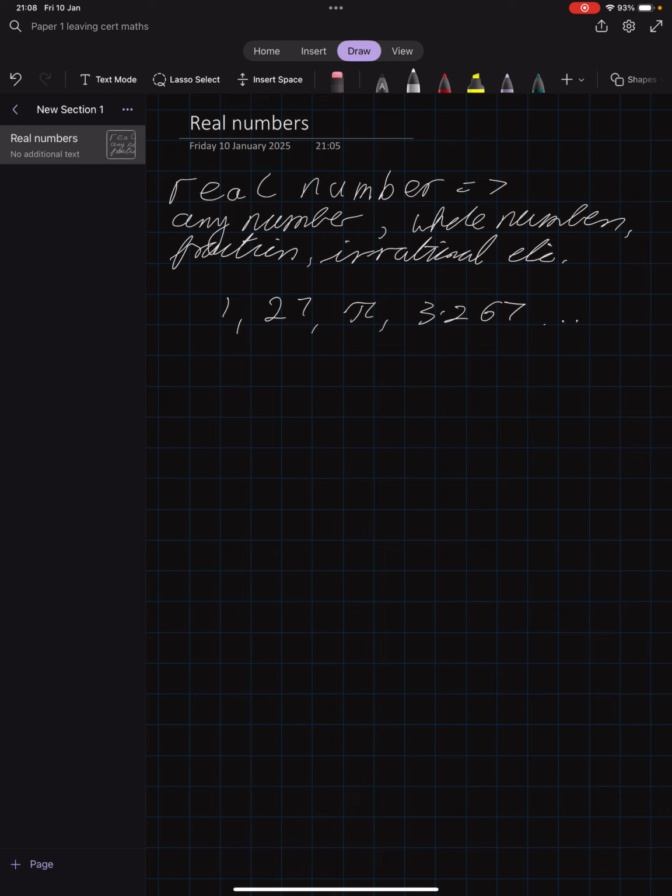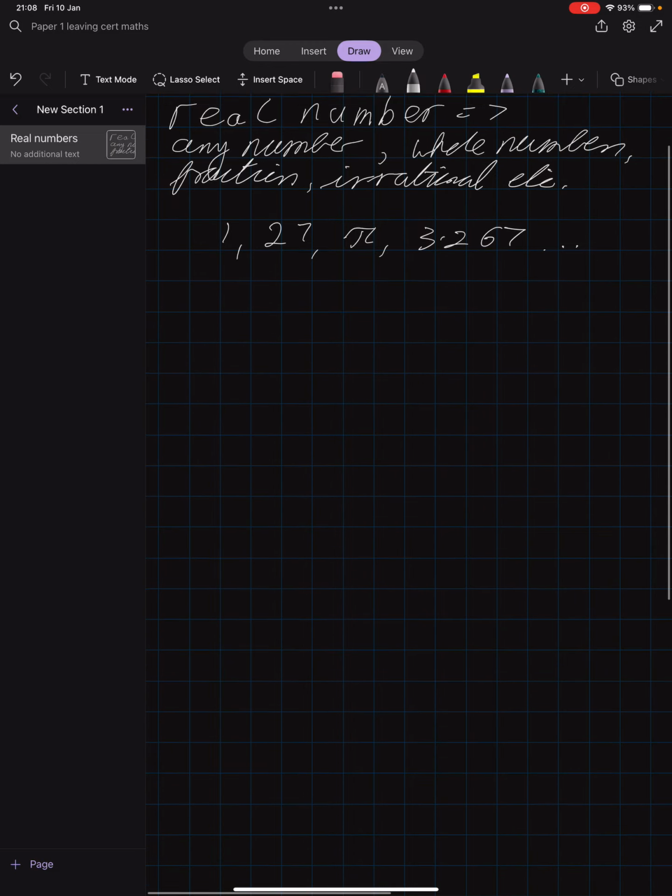So a real number is basically all numbers. Now there are complex numbers, but for the time being, assuming you haven't done that yet, you can just take that a real number is any number you can think of. Okay, so that's your real number.